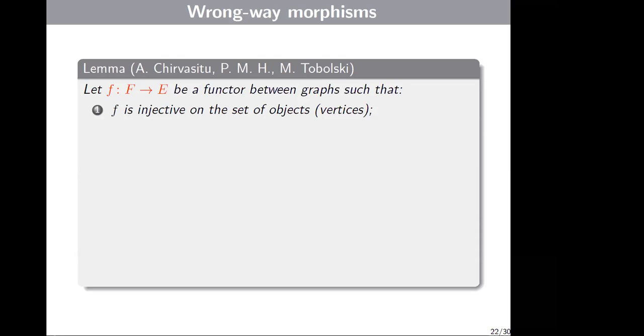This is a completely, totally obvious definition, and it has been useful. It is the definition which was used in the Leavitt path algebra book, okay? But it doesn't do the job for us.